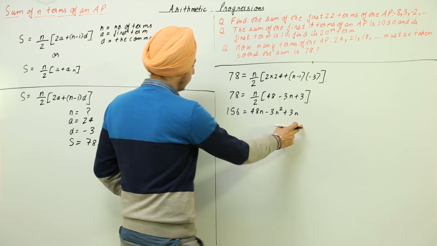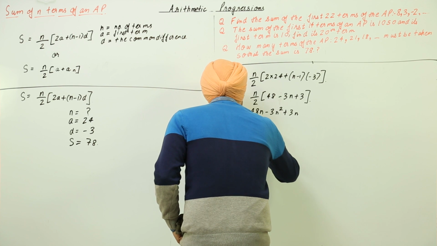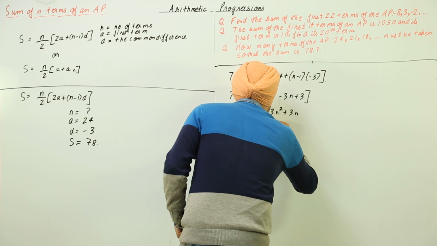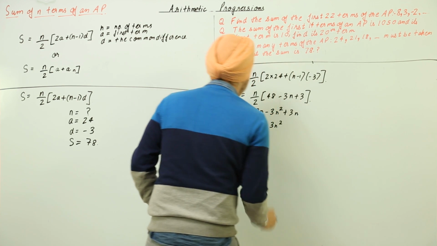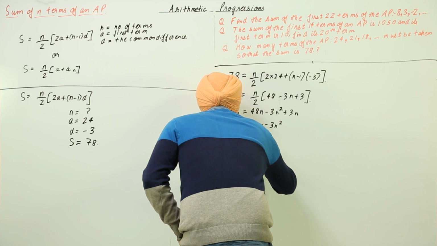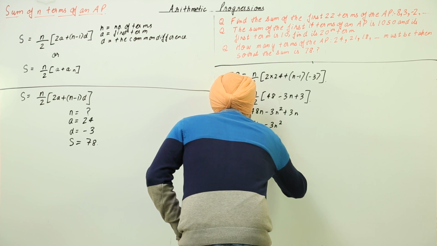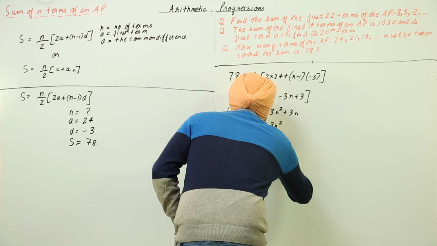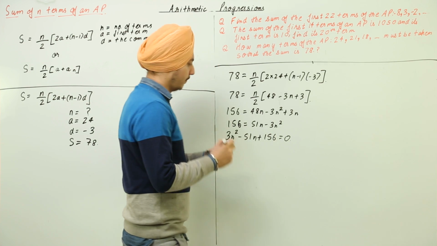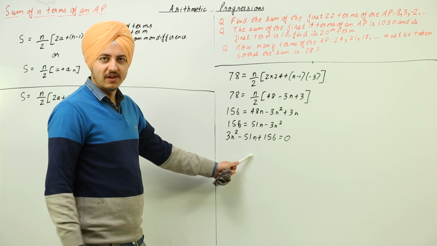Now I'll just put these two together first. So this is 156 is equal to 51n minus 3n square. Now taking this 3n square and 51n to the side, we get 3n square minus 51n plus 156 is equal to 0. Correct? So this is where we've reached.